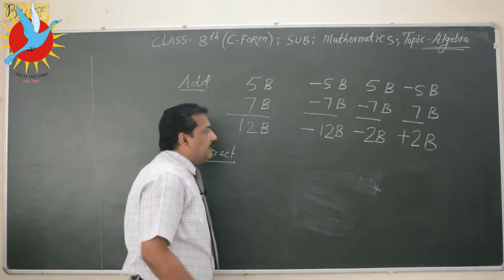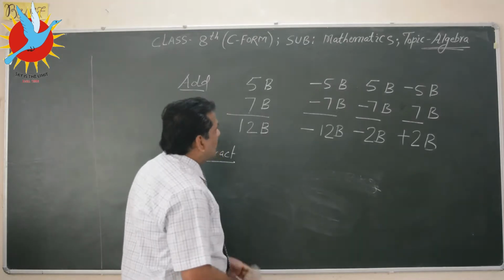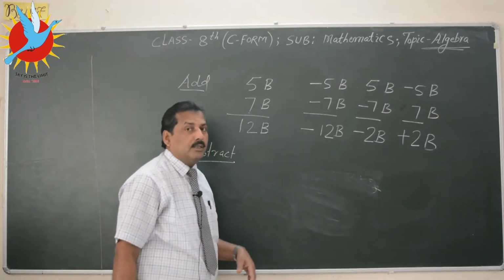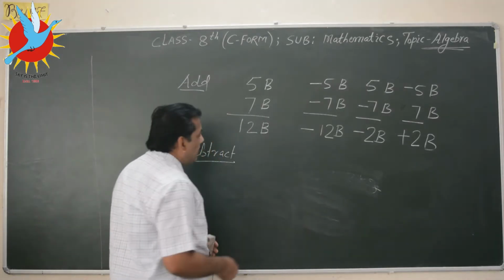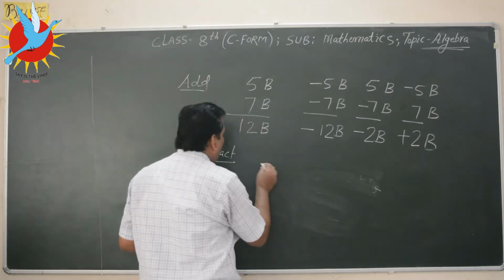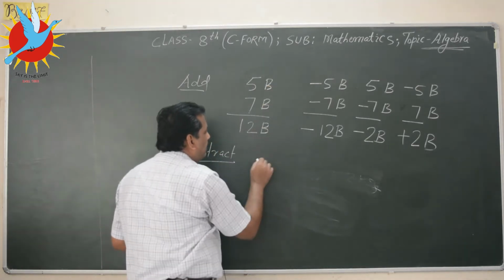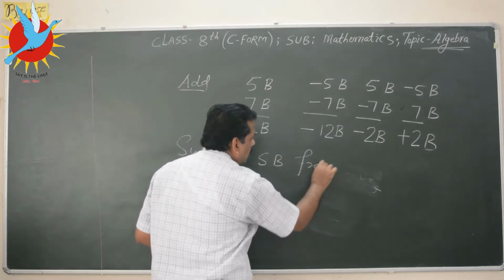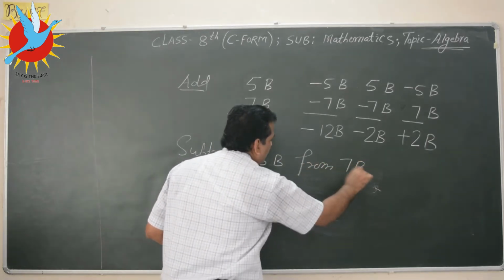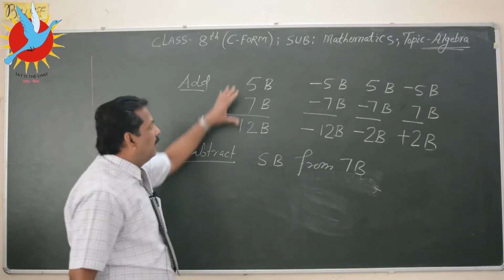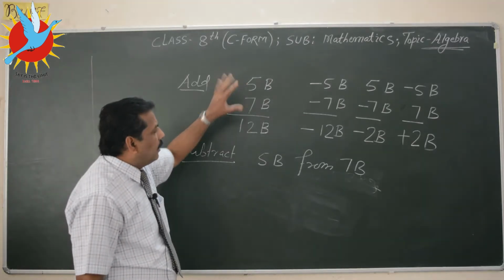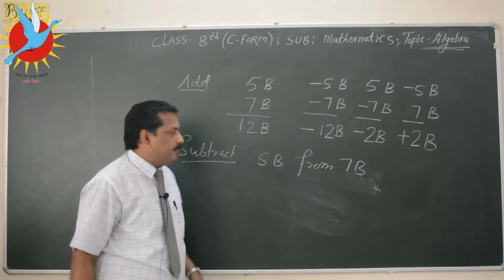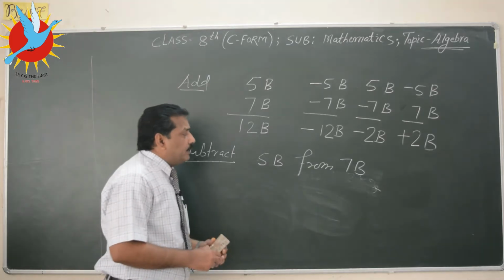You have to identify which expression or which number is to be subtracted. Let us take some example. Subtract 5b from 7b. So this is one example. 5b from 7b, so how to do it?